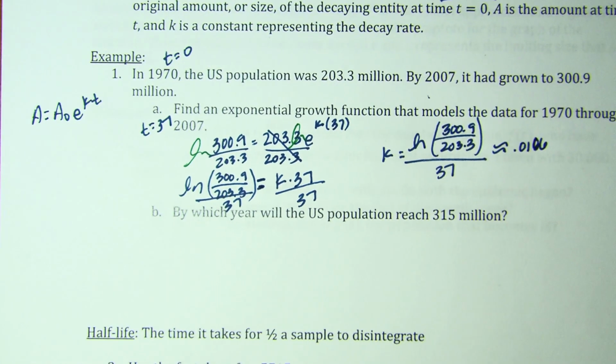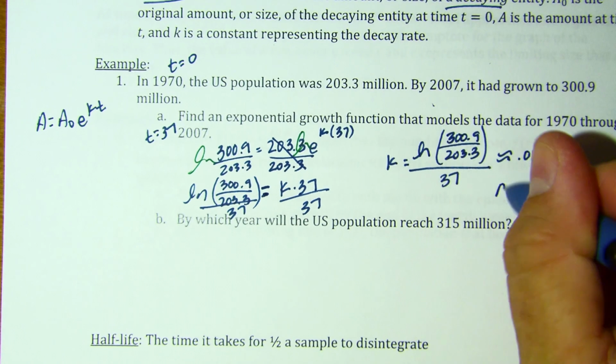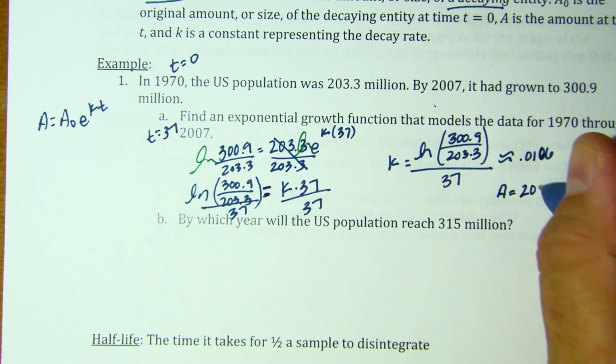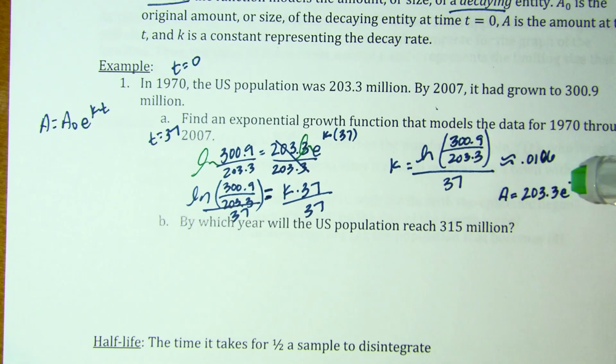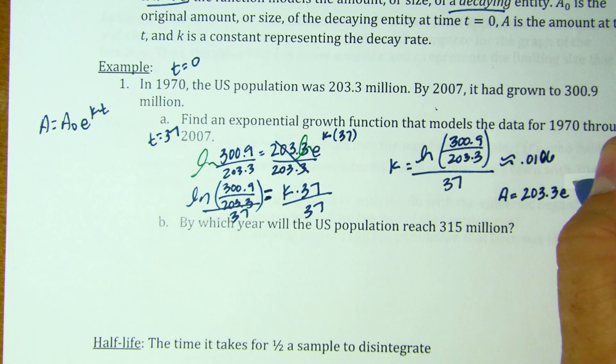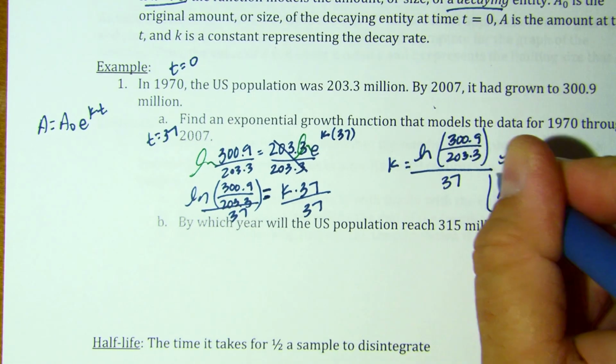And so that's our rate. Now, part A said find an exponential growth function. So A equals 203.3 e to the 0.0106 t power, and that would be our equation.